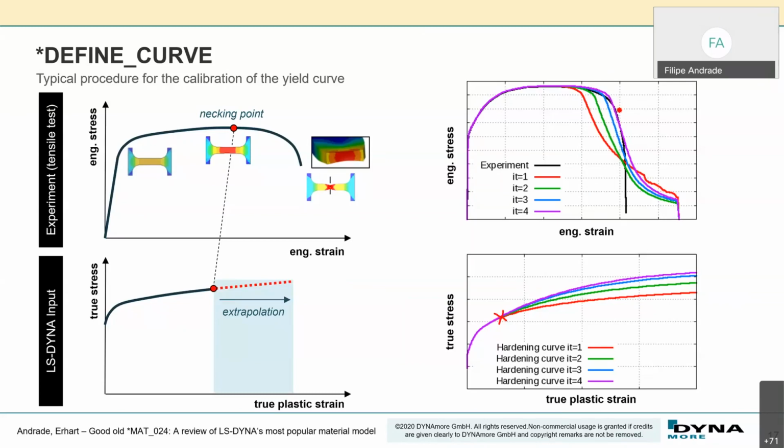And we compare the strain fields that we have here in the simulation with the experiment, in order to be sure that we are really describing the material behavior. And this works very often very well. So this is a typical way of doing this. So the curve that you want to put in your MAT24 can be calibrated, for instance, using this kind of method.